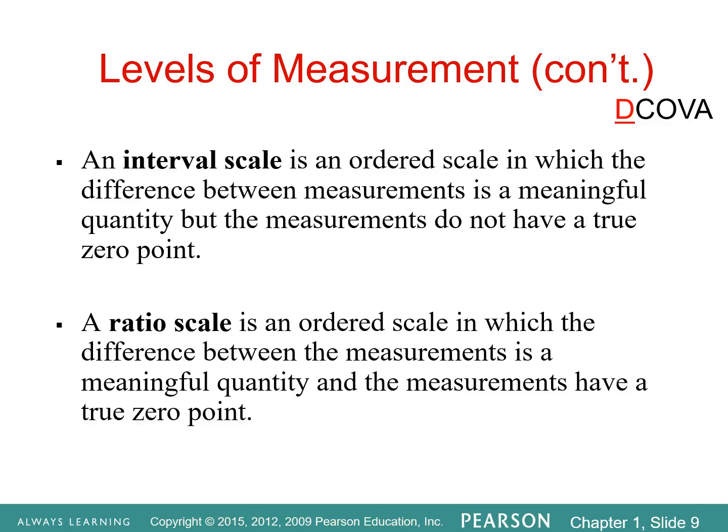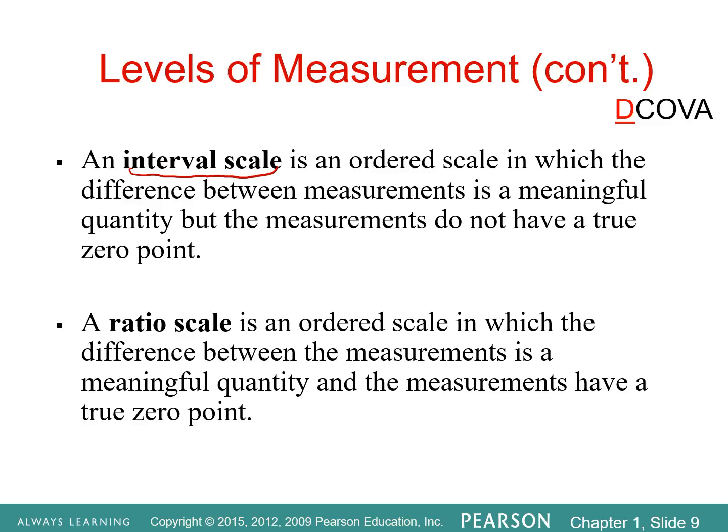The next one is an interval scale. And you will be asked different scenarios and what type of measurement are these. An interval scale is an ordered scale in which the difference between measurements is a meaningful quantity, but the measurements do not have a true 0 point. Okay, and we'll talk about examples of that in a minute.